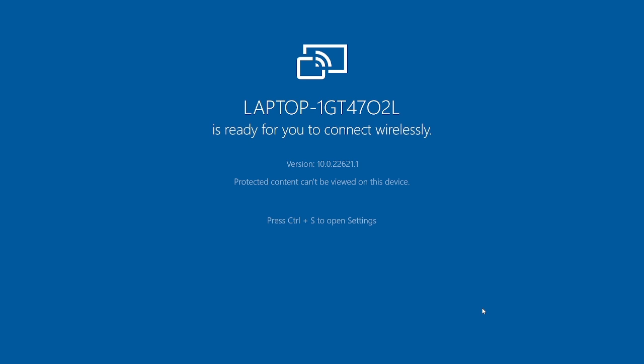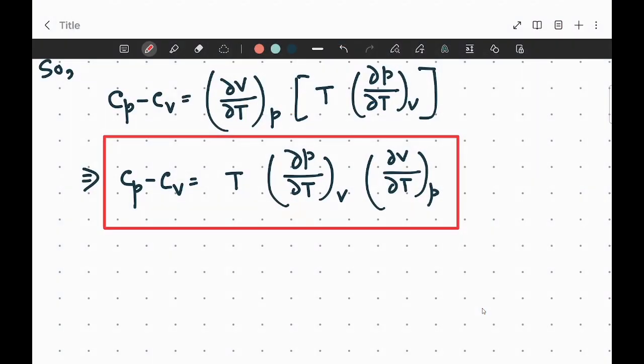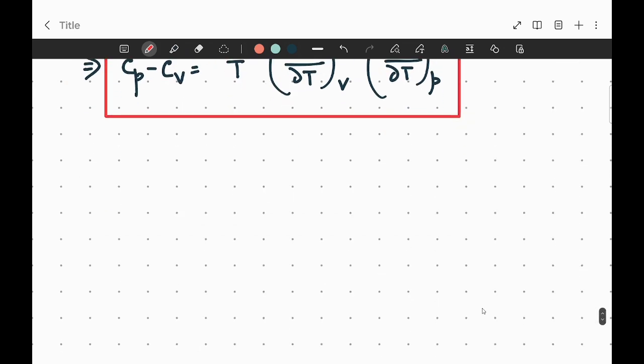So we'll go into the next question. Okay. Do you know what is the adiabatic index?